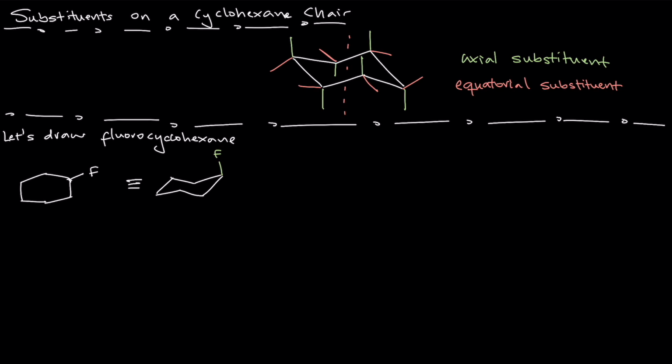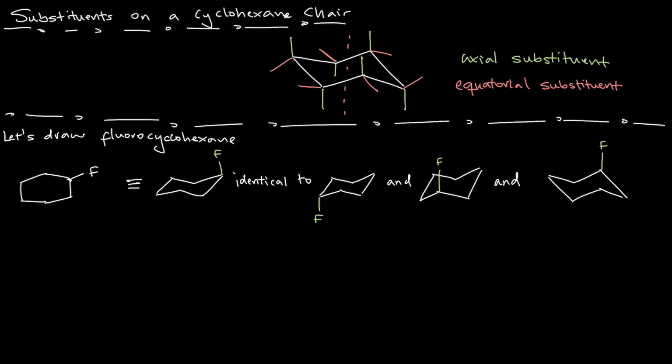Okay, so at this point, I want you to build up this molecule in your model kit. And then I want you to convince yourself that this particular conformation of a cyclohexane chair is identical to this conformation, and that conformation. So all of these I have drawn are identical in conformation to the one I drew on the left-hand side. And the way you can figure this out without having to rotate your cyclohexane chair model kit is by seeing that in every single one of these cases, that fluorine has remained in the axial position no matter how you've drawn it.